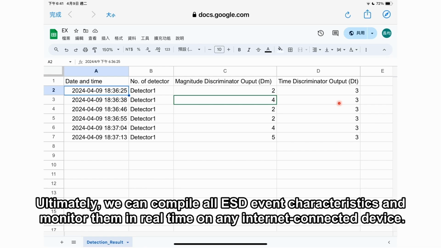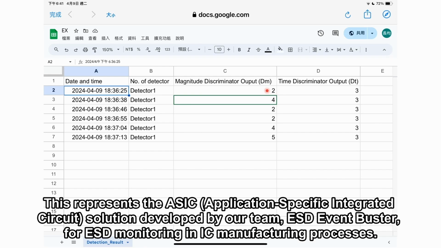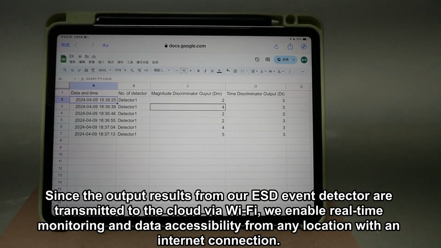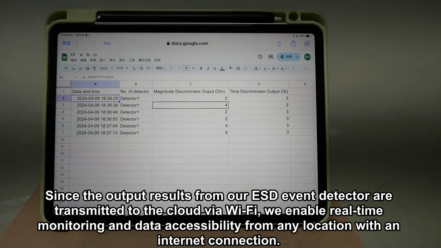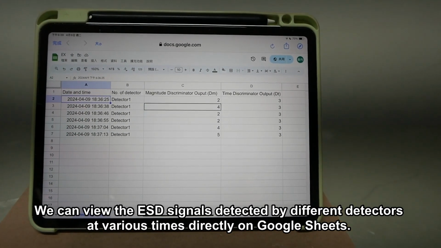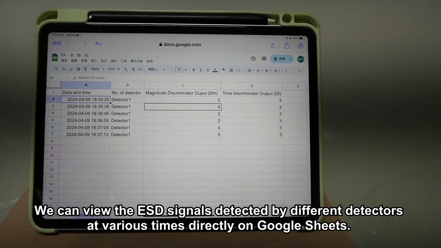Ultimately, we can compile all ESD event characteristics and monitor them in real time on any internet-connected device. This represents the ASIC solution developed by our team, ESD Event Buster, for ESD monitoring in IC manufacturing processes. Since the output results from our ESD event detector are transmitted to the cloud via Wi-Fi, we enable real-time monitoring and data accessibility from any location with an internet connection.